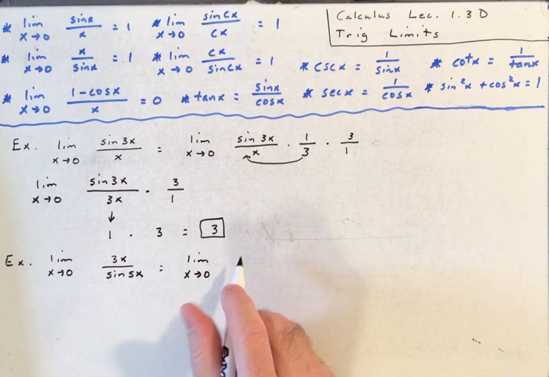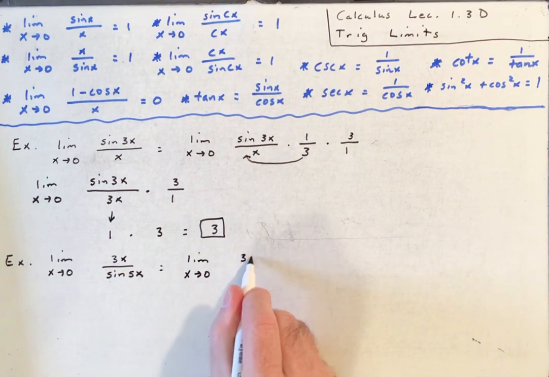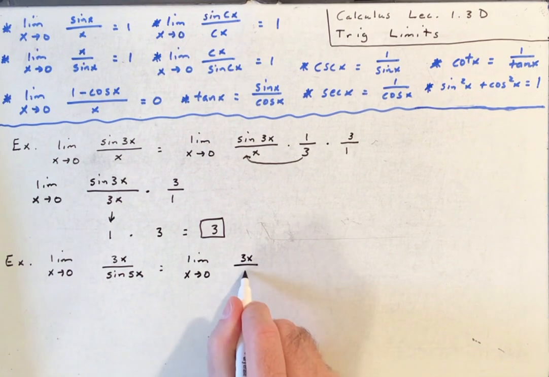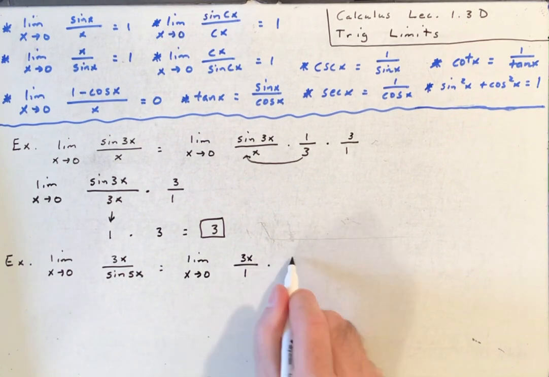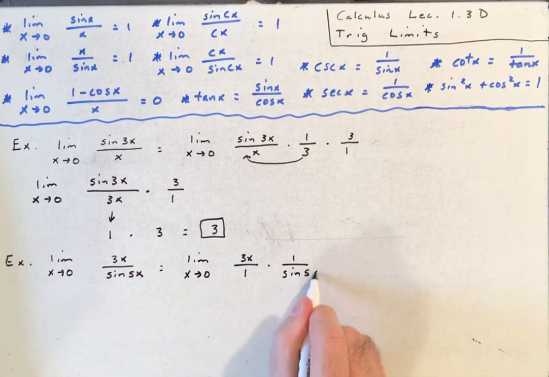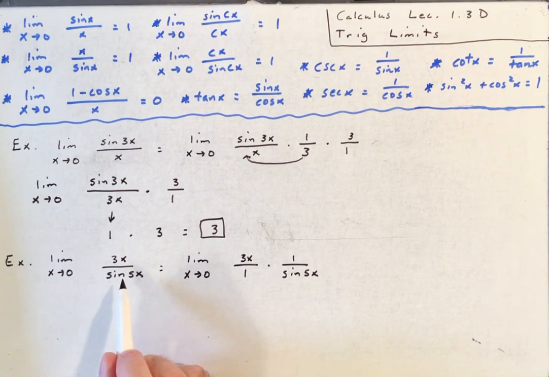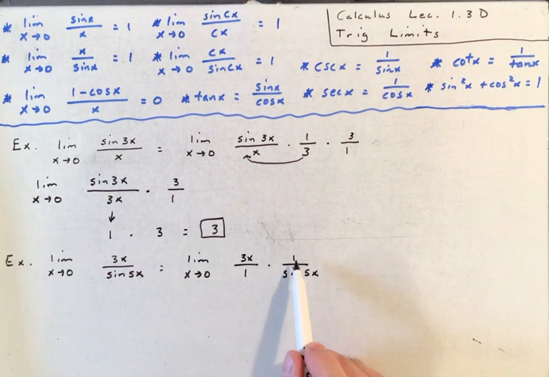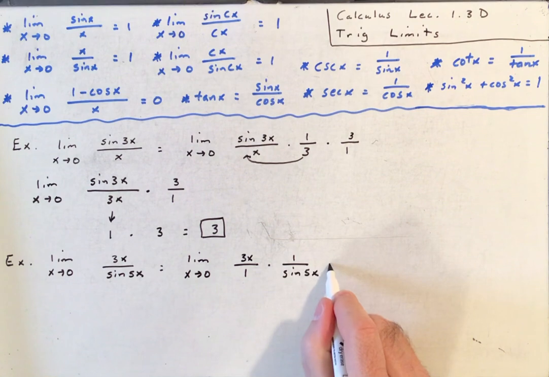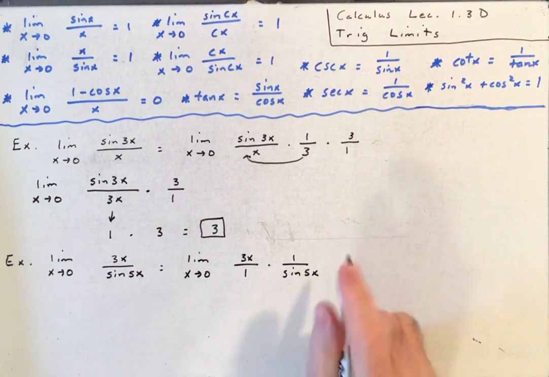So let's rewrite this as 3x over 1 times 1 over sine 5x. That's the exact same thing as this, right? Now that helps me see what I need to put right here. What I need right here where that 1 is a 5x.